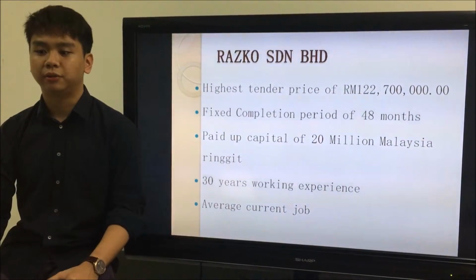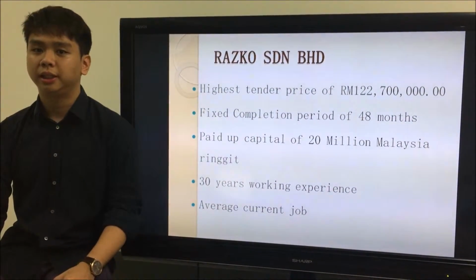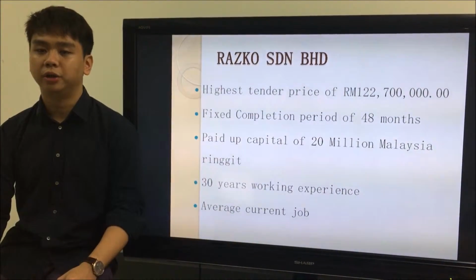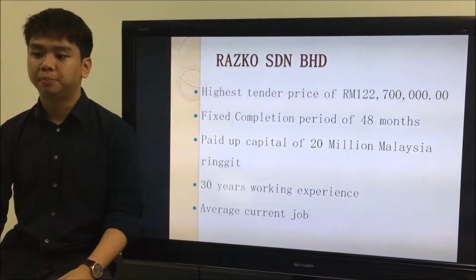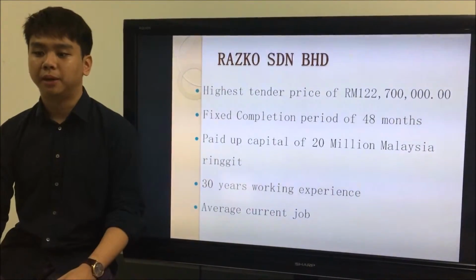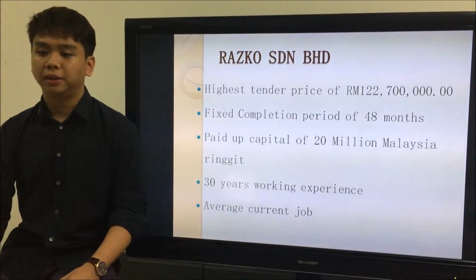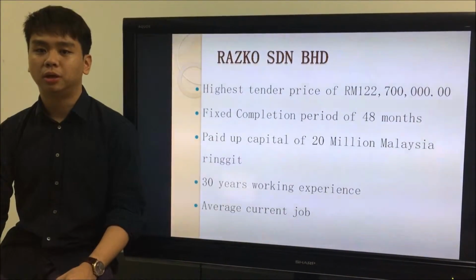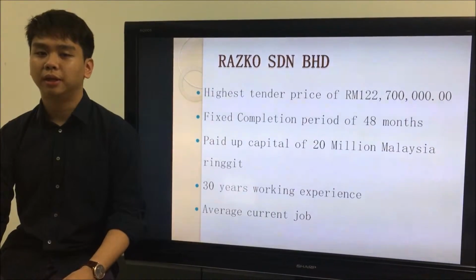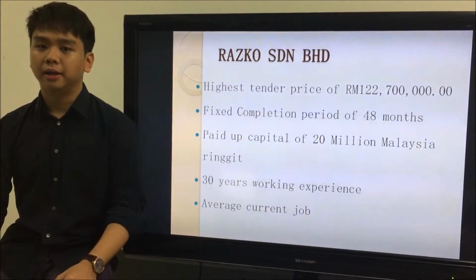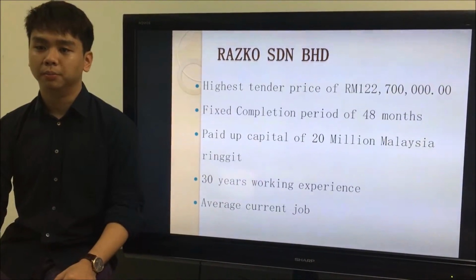The last tenderer is Raksos Sendirian Berhad, which is the highest tenderer among all, with a tender price of 122 million and a fixed completion period of 48 months. And it is considered the tenderer with the most payout capital of 20 million, which is more than the other two tenderers, meaning that it does not face any cash flow problem.